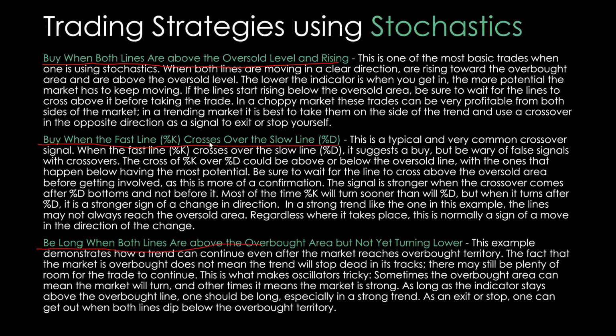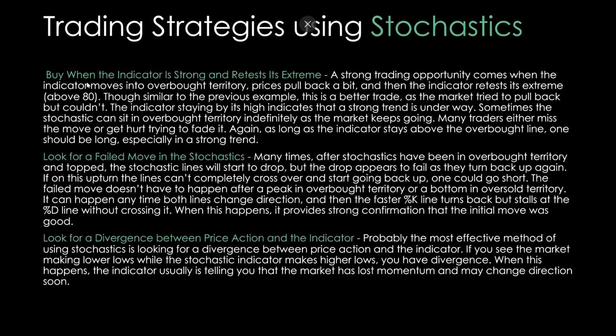I'm going to show you all of that. You can buy when the indicator is strong and retests the extreme, but bounces off. You look for a failed move in the stochastics. Many times after the stochastics has been in overbought territory and topped, these lines will start to drop, but the drop appears to fail as they turn right back up. And then lastly, you can look for a divergence between price action and the stochastics indicator.